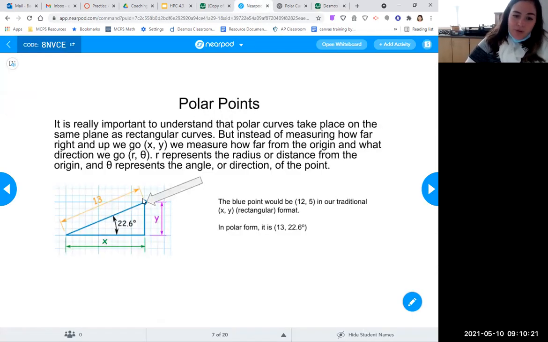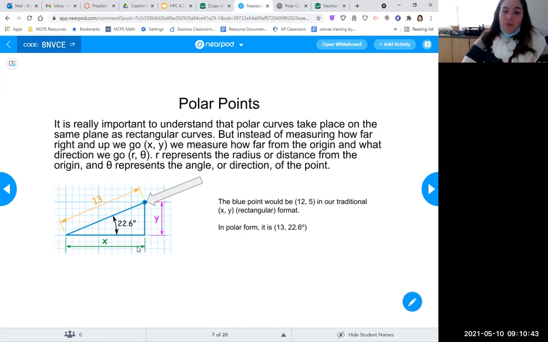Here's an example of a polar point that's also a rectangular point. You have a point here at 12, 5. Your X distance from the origin is 12, your Y distance is 5. So you have a point right here, this blue circle. In our traditional XY rectangular format, we'd say that point is at 12, 5.